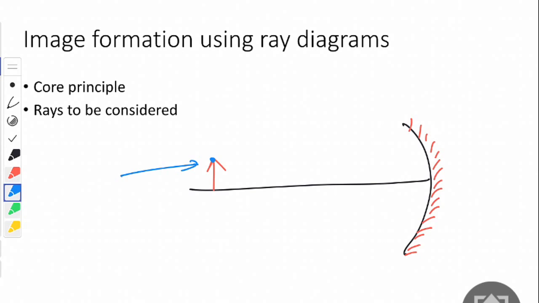Remember what we said earlier: the image is where the rays meet after reflection. That's the hint. Now think and tell me, how will I find where the image of this blue dot is going to be? I want some answers, guys.